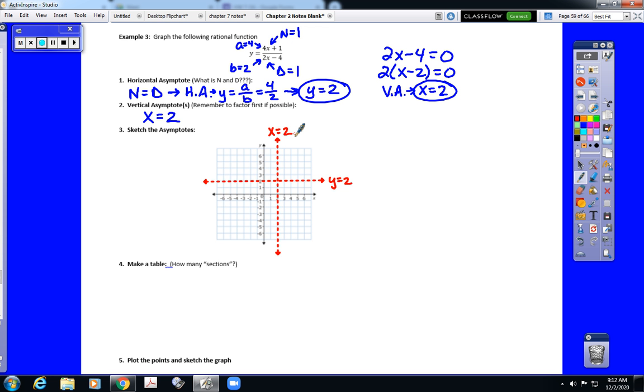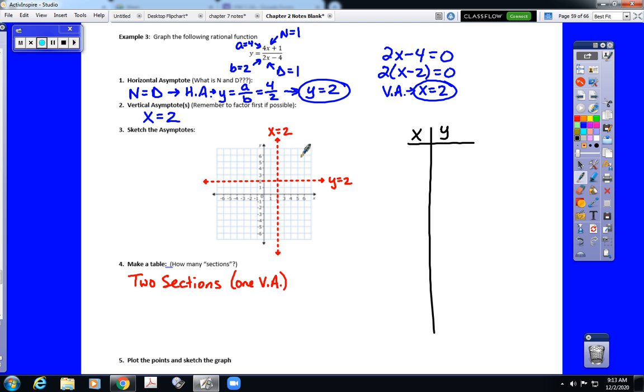Now, this means that we have two sections because we have one vertical asymptote. So our graph is broken into a left half and a right half by that vertical asymptote, which means that we're going to create a table of values. And because these are both considered to be outside sections, we're ignoring the horizontal asymptote.